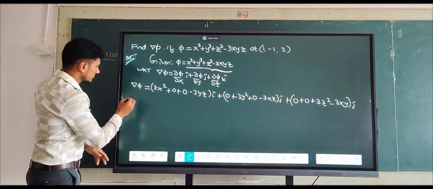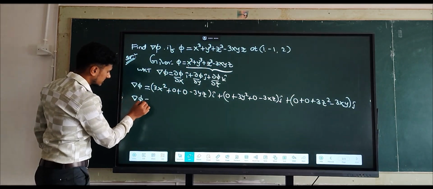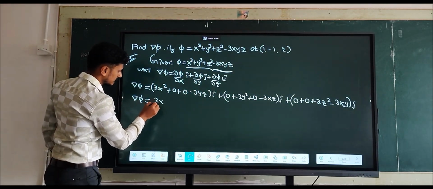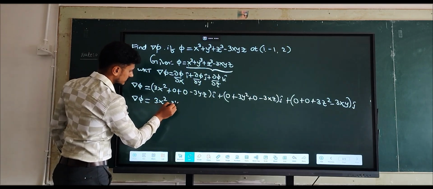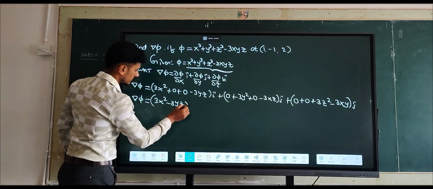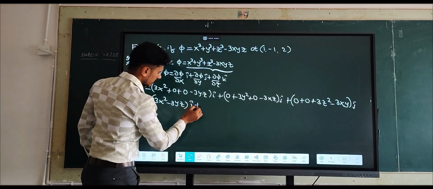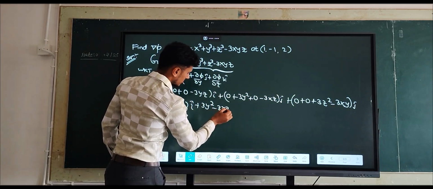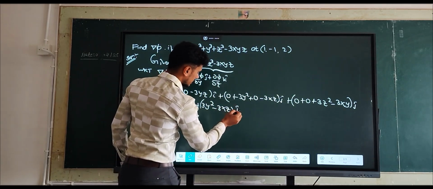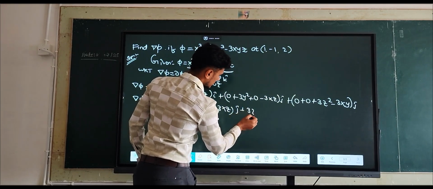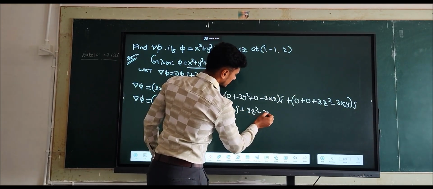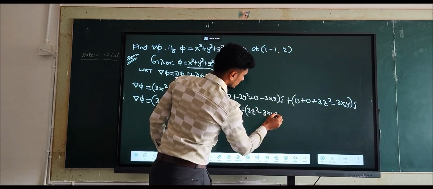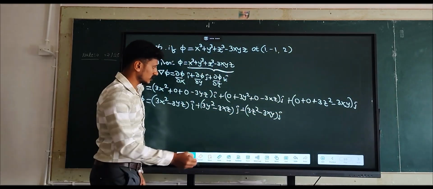Let us write down this same equation and simplify it. So it is 3x square minus 3 into y into z along i cap, plus 3y square minus 3 into x into z along j cap, plus 3z square minus 3xy along k cap.